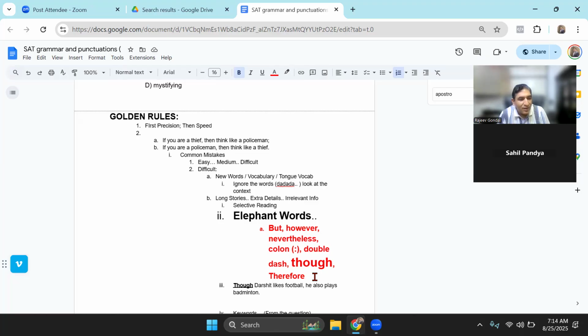If you read a big paragraph and you want to read it fast, just focus on the elephant words. Where is the but? Oh, here there is a but. So what is happening here? Up till now, this guy was going in this direction, and with but, it will change the direction.